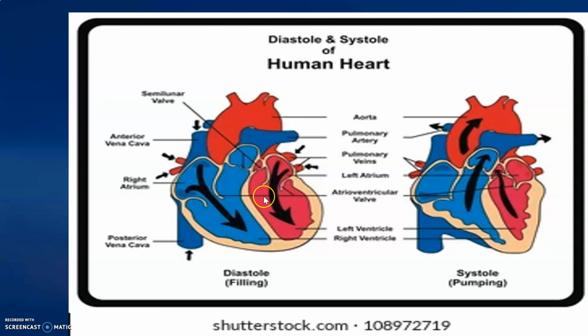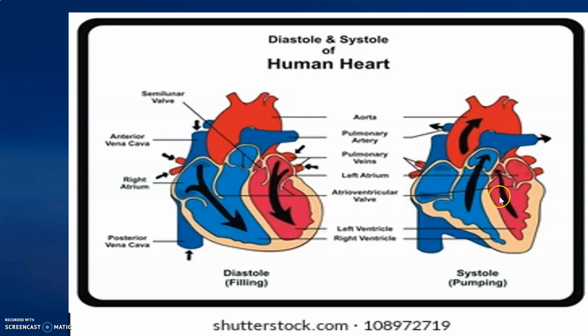Now, as the pressure in the left atrium reduces, and the ventricle turns from diastolic into systolic, now it's contracting, the pressure becomes higher in the ventricle and it shuts the mitral valve.